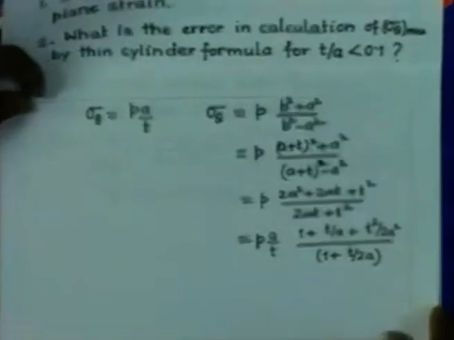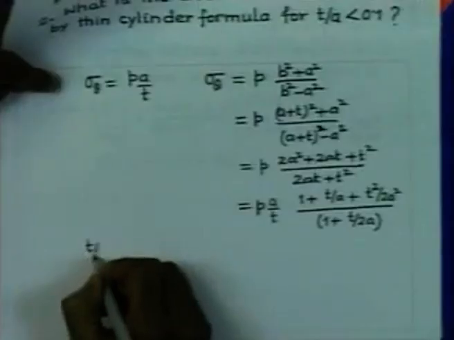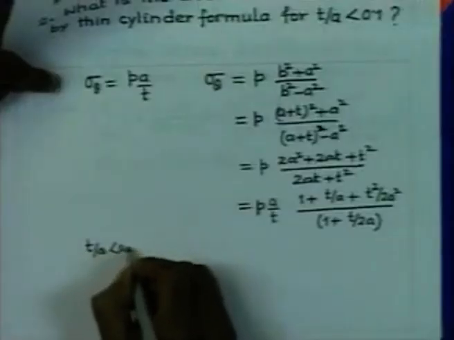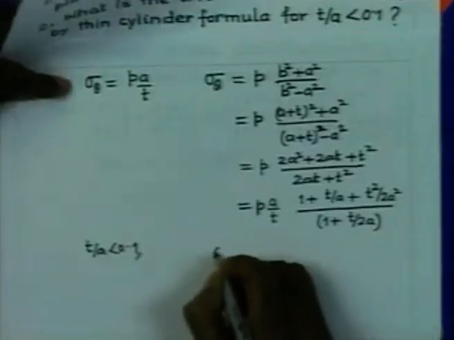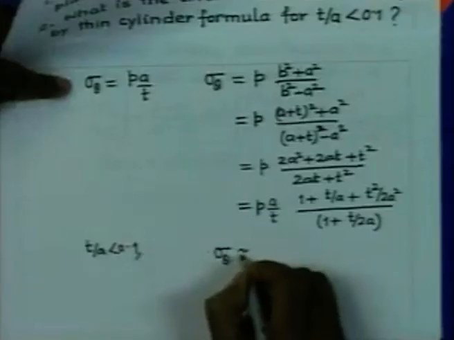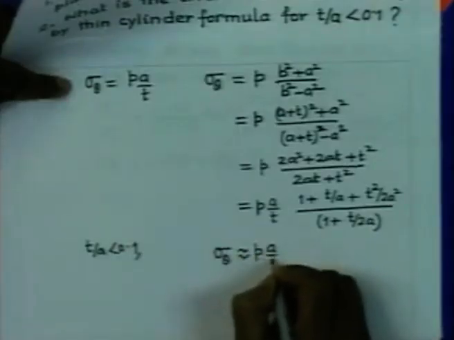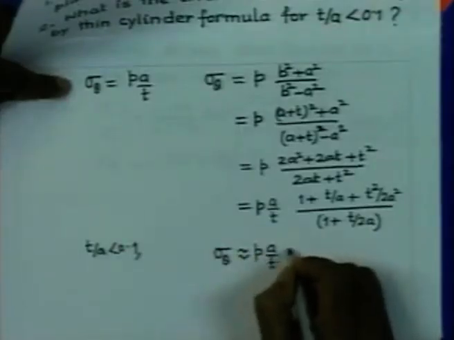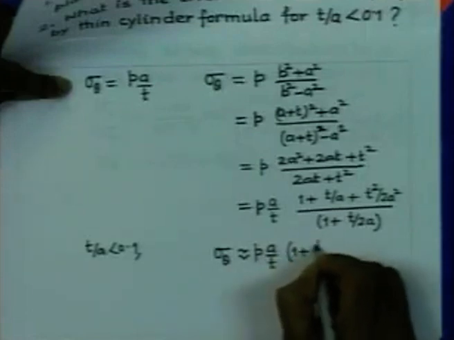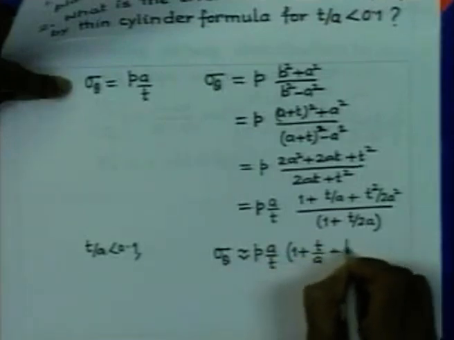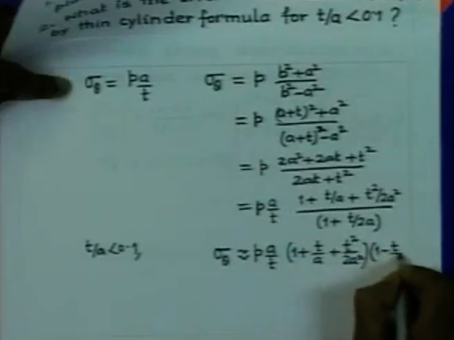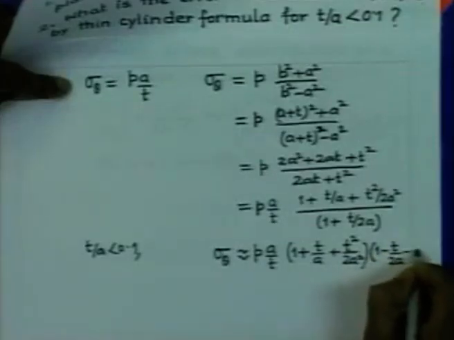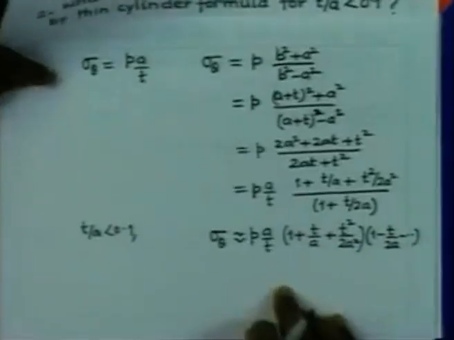Since we are talking of T by A very small, we can expand this binomially, and we can write now this sigma theta is approximately equal to P A by T into 1 plus T by A plus T square by 2A square into 1 minus T by 2A, and the higher order terms can be there.